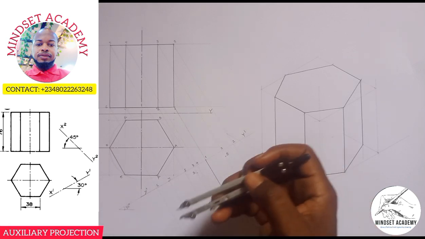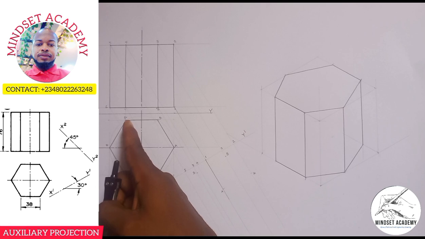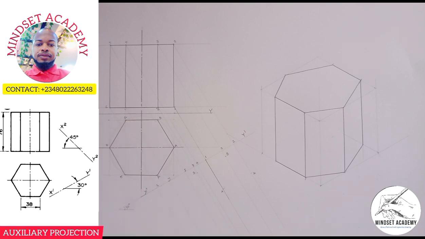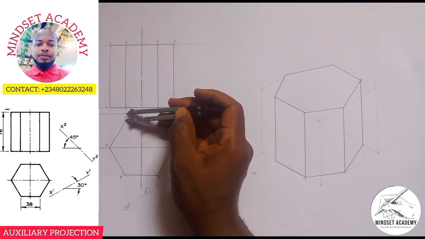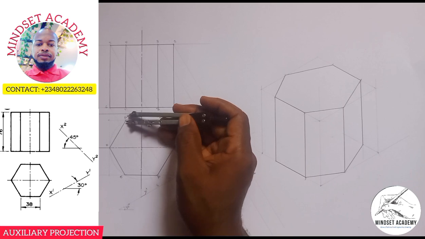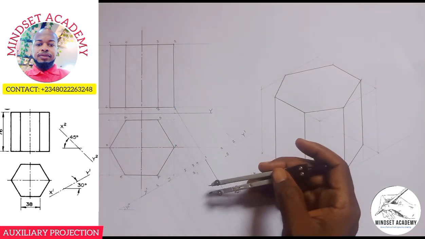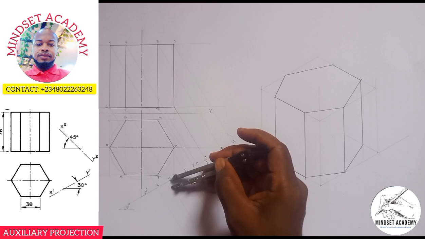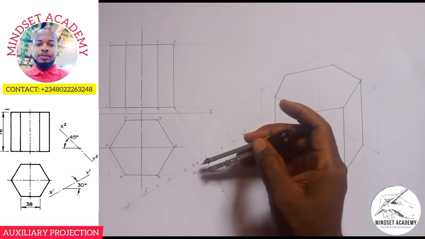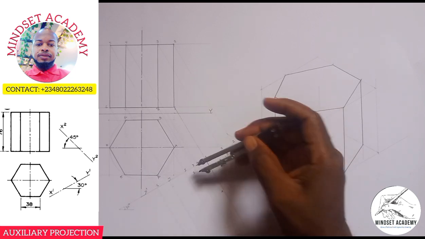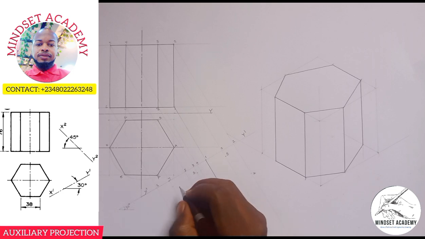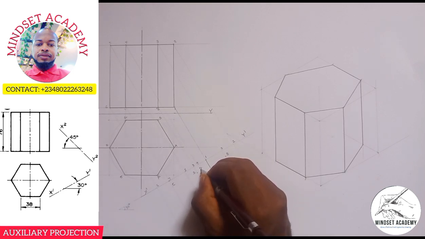Then the same thing to get to point C. The same measurement happens. To get to point C, I'll go to points 7 and 4. This is my point 7, I'll mark, and my point 4, I'll also mark. So this point 7 here is point C, and this one is point D.